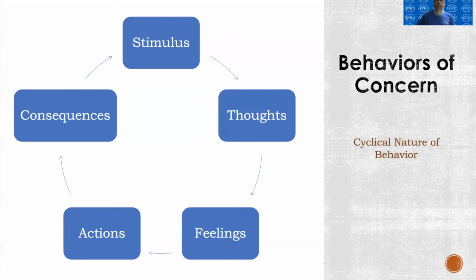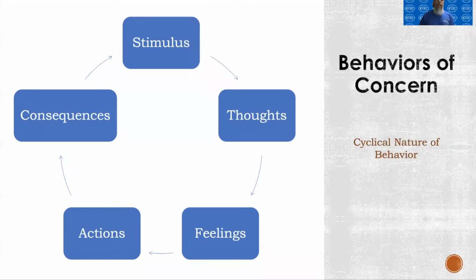And like I said, they're either positive or negative. And then those consequences could become a new stimulus. And that new stimulus leads into the cycle again. So the stimulus or our trigger could be either positive or negative. If it's a positive stimulus, a positive antecedent, then this is going to be a positive behavior cycle and our consequences are going to be positive.